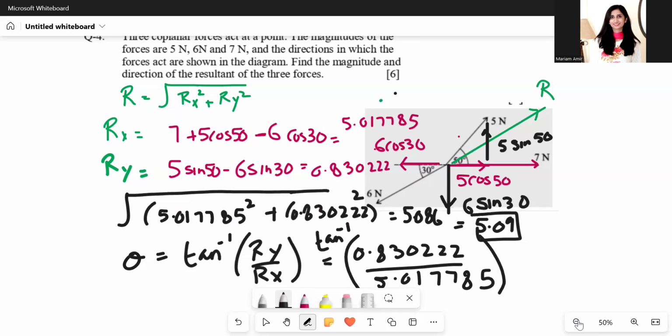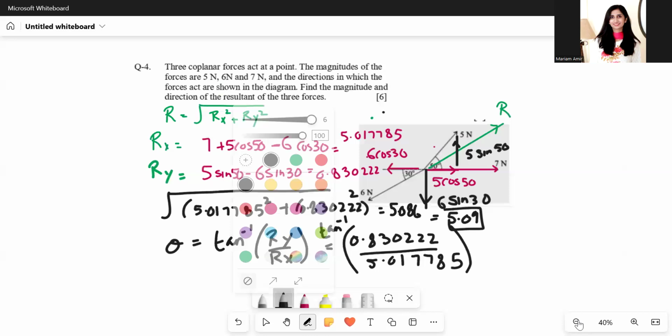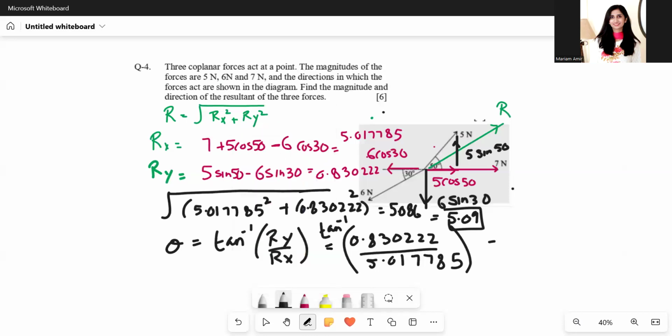That will give us the angle. So 0.830222 divided by 5.017785, shift tan. I'm getting 9.39 for it, which is 9.4 degrees to one decimal place.